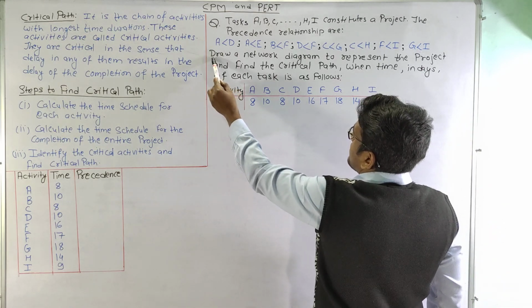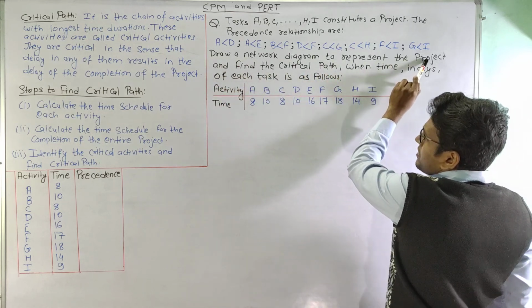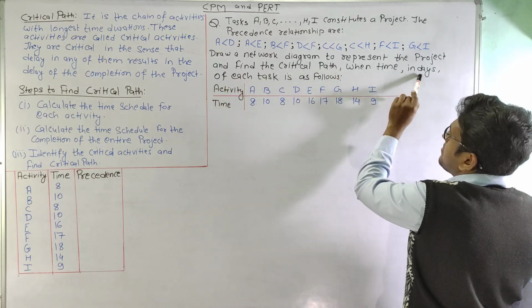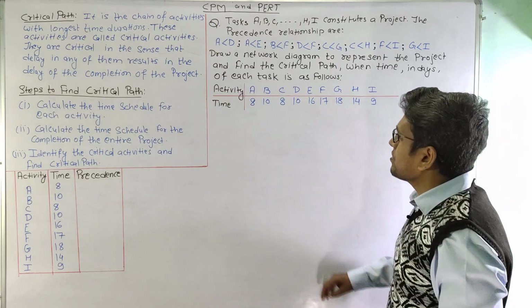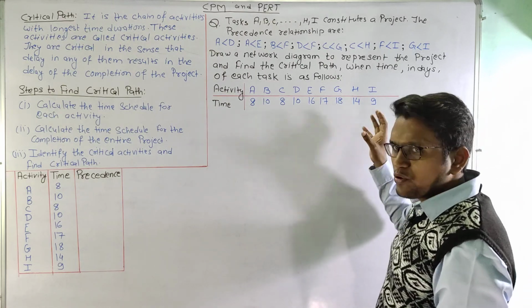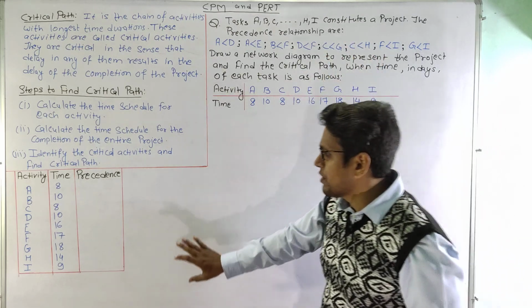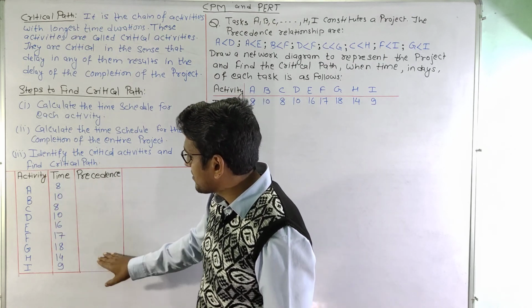Now it says that we need to draw a network diagram to represent the project and find the critical path when the time in days of each task is as follows. So the time in days for each activity has been given. To draw the network, we need to first find the precedence in a tabular form. So I have already drawn a table here, and we need to find the precedence here.